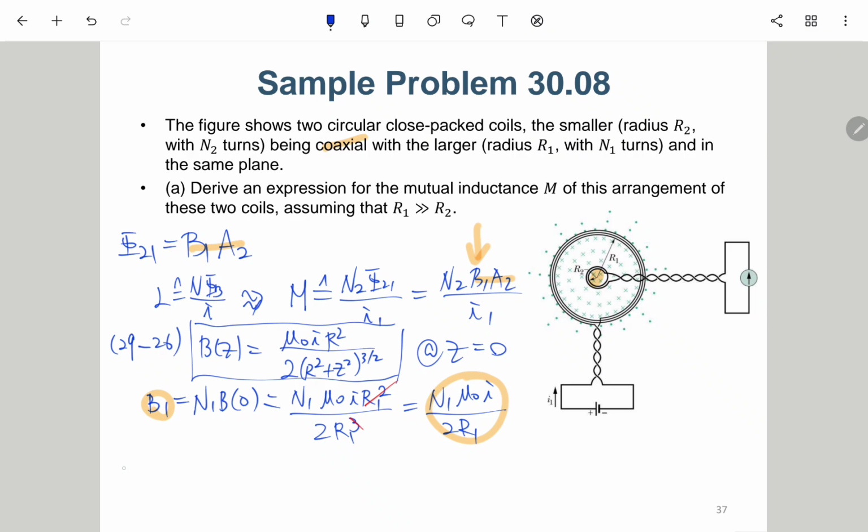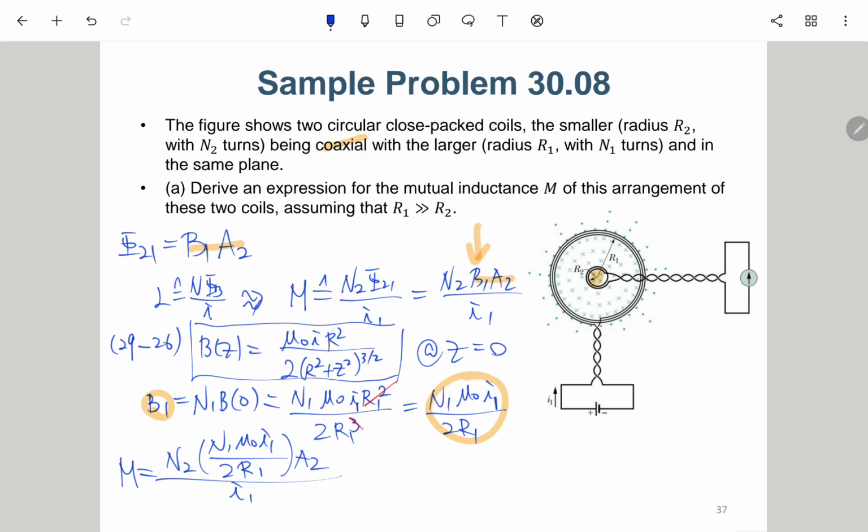So we have M equals N2 and then N1 mu 0 I. This one should be I1, I1 over 2 R1, and then A2 over I1.